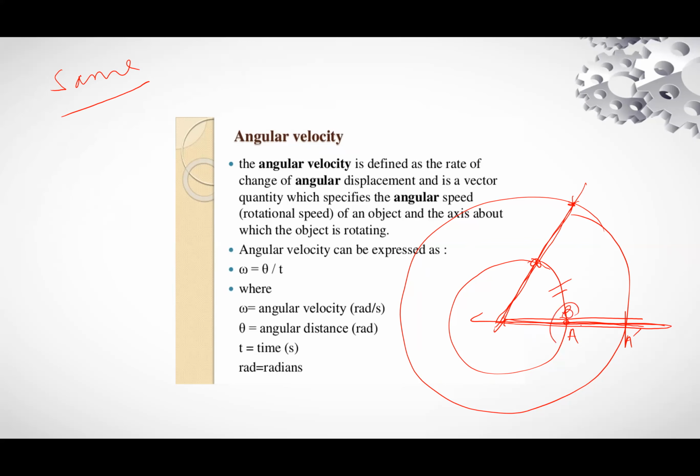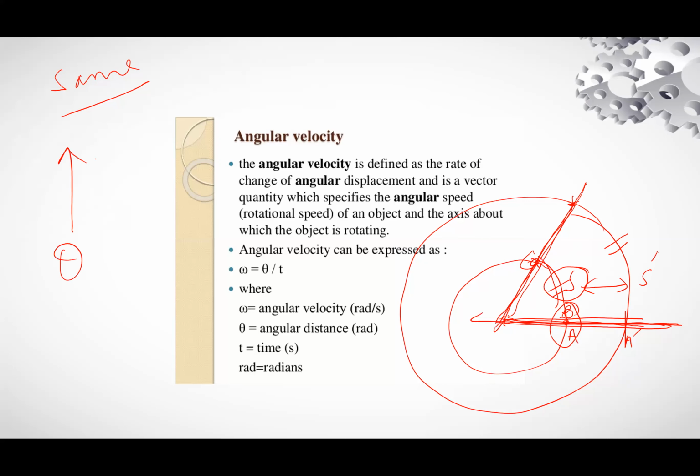This is one point, this is S, and here is S prime. So this linear displacement will be more than this one. So linear displacement will be different on the same line in different circles, and angular displacement will be the same.